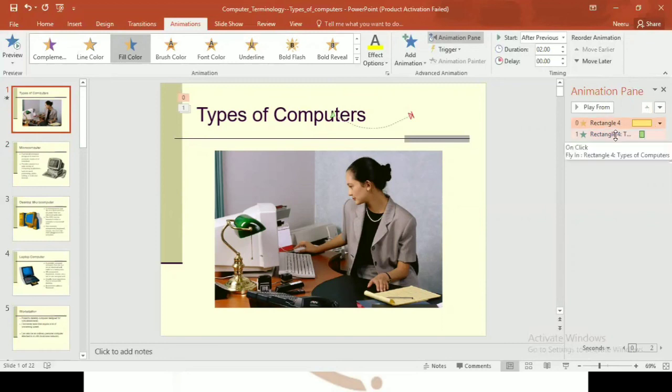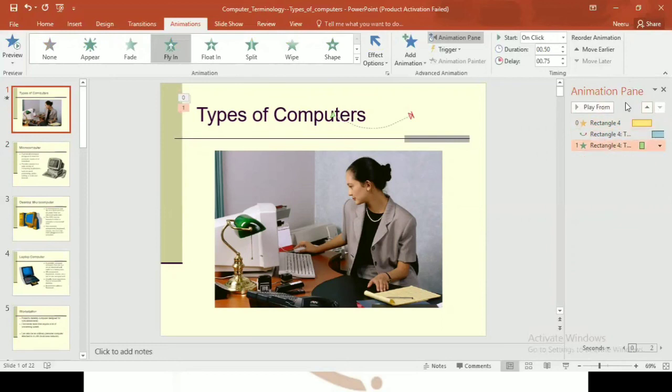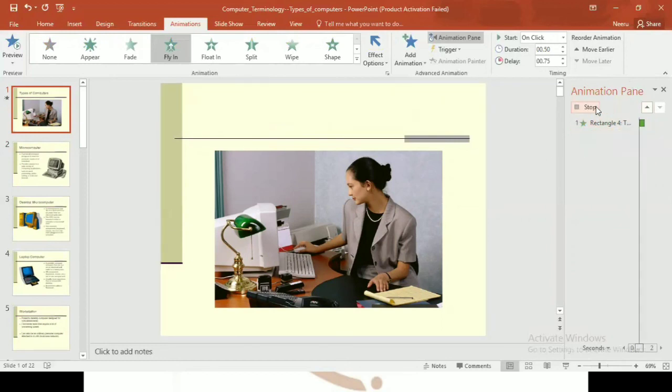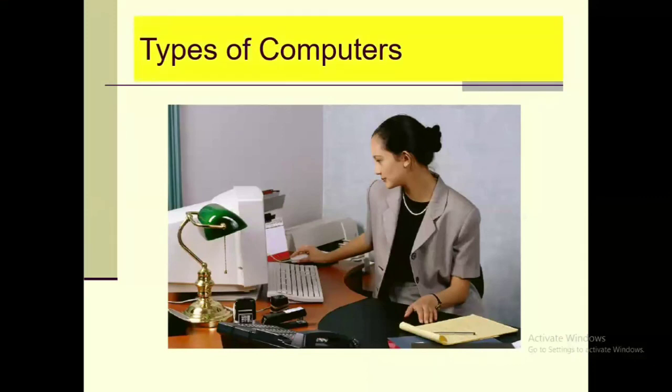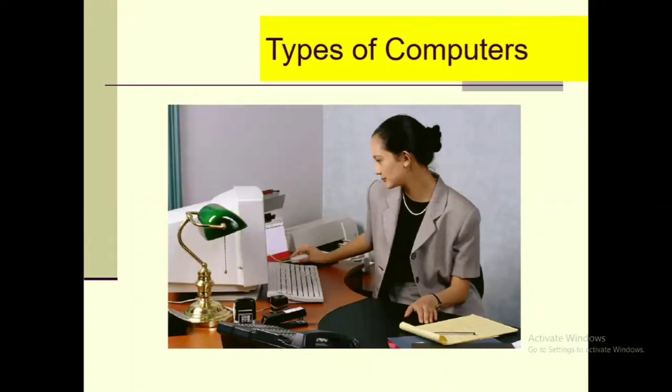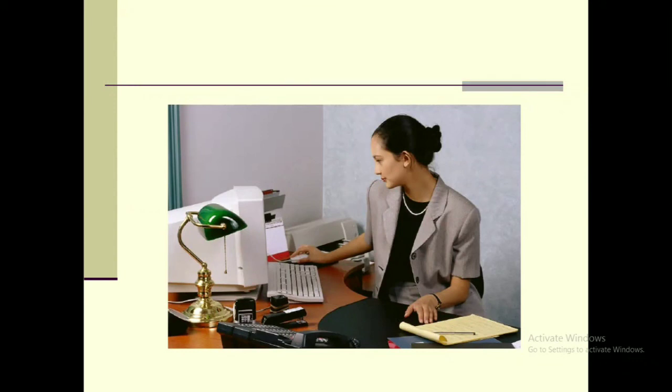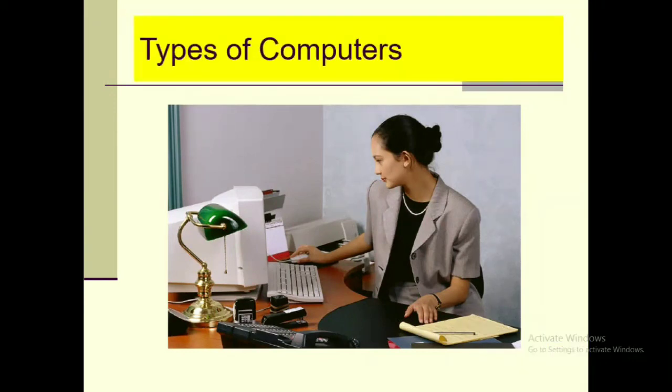The first one is color. And the second one I want to go down. Now I will play. See, I am slide showing it to you. See, yellow color. Then arc shape. Clear? So like that we can do fly in.